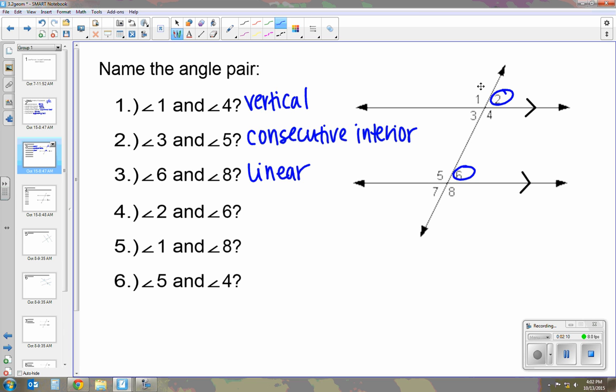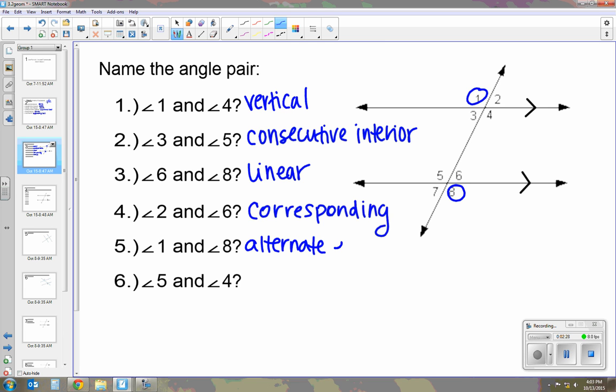That's corresponding. 1 and 8. Alternate exterior. And our very last one, 5 and 4, which is alternate interior.